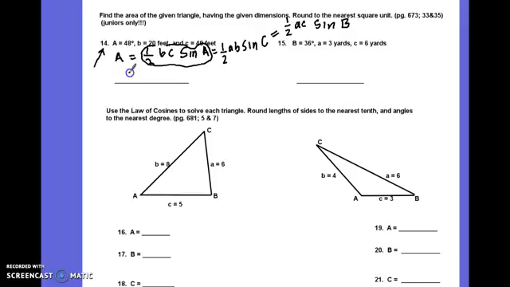Alright, so this one will be very simple for you. It's going to be 1/2, kind of like 1/2 base times height. This is like the base, and the height can be expressed by trigonometric functions, C sine A. So here we go. B is 20. C is, what did I write here?